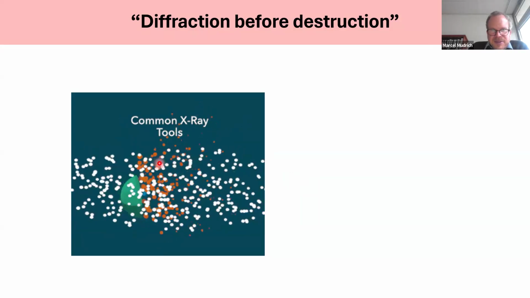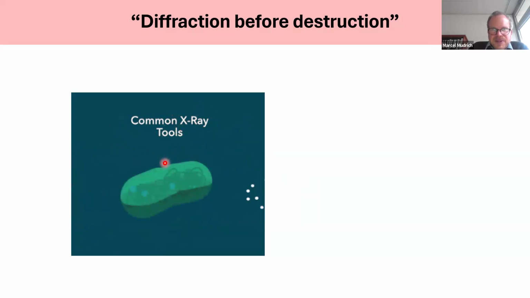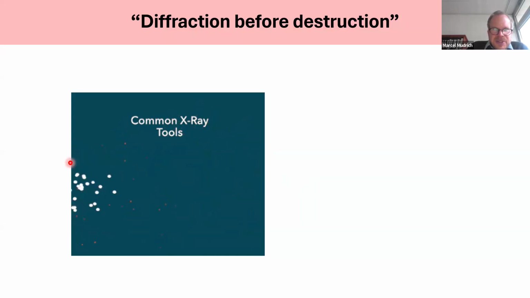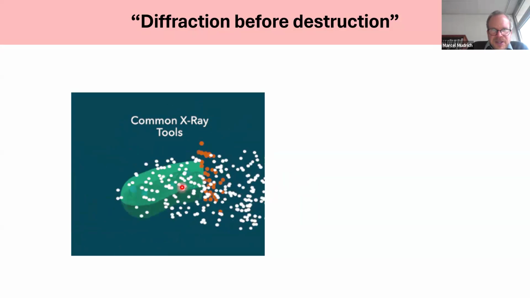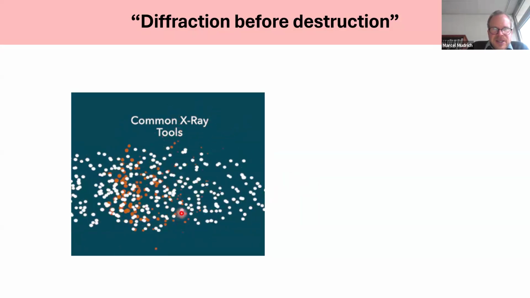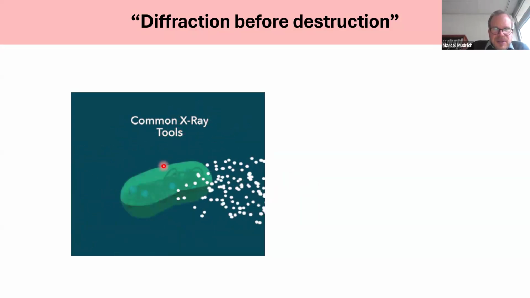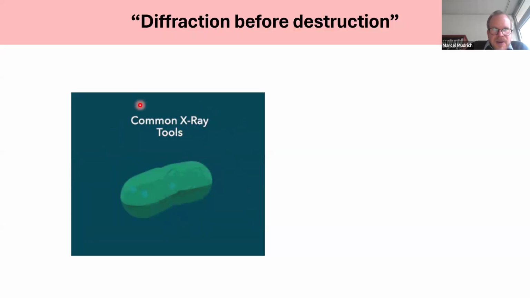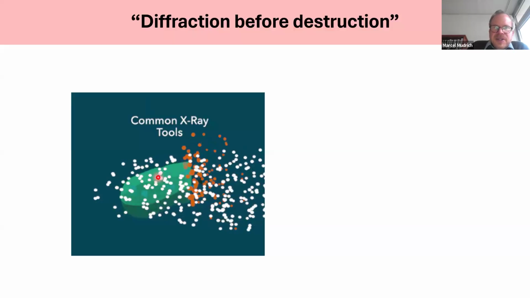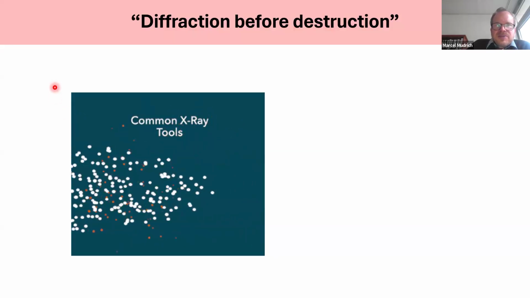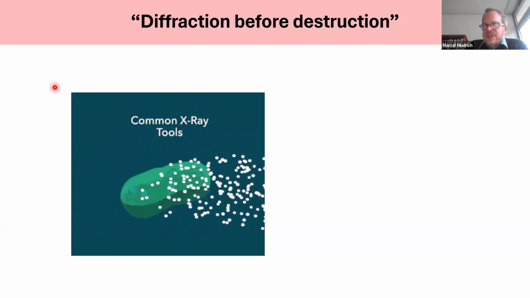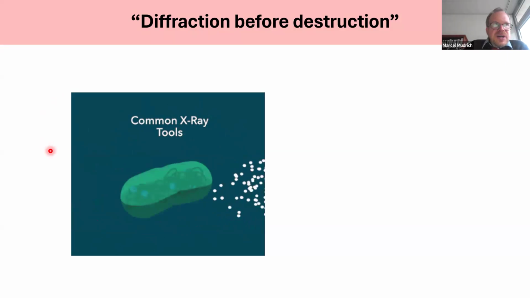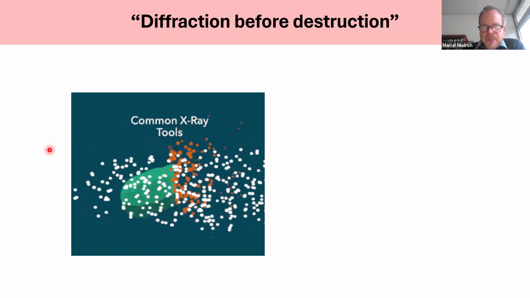And obviously this is not ideal if we want to record a bright and high contrast scattering image from these photons that are supposed to scatter from the target. If the target already starts decomposing and the atoms become ions and start moving away during the pulse, then obviously the contrast and the structure of the scattered X-ray pattern will be smeared out and the contrast will be very low.